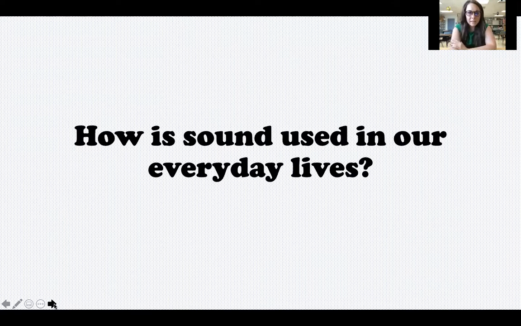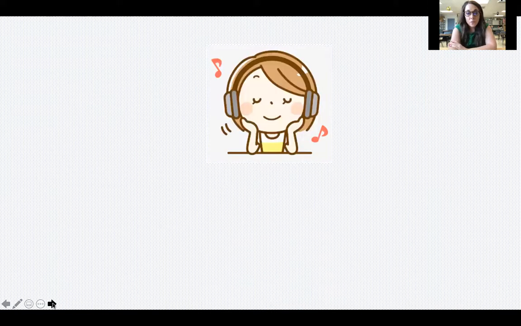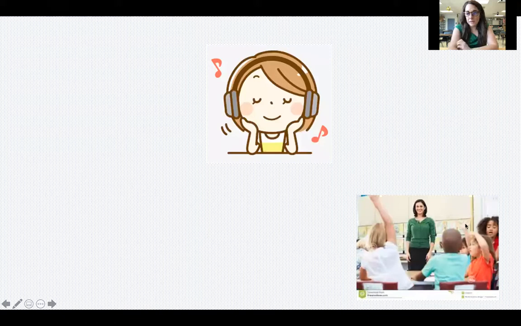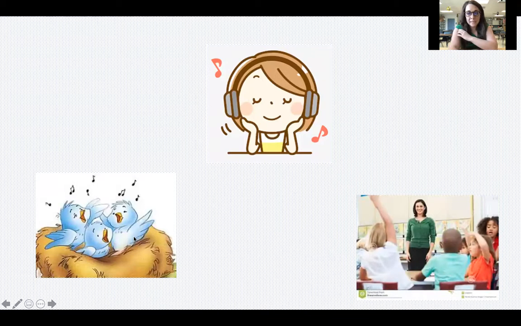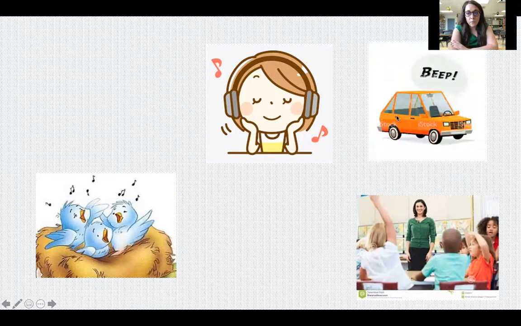Here are some things I came up with. These are certainly not all, these are just some. We use sound when we listen to music. We are using sound energy. When we are listening to our teacher talk in class, we're using sound energy. When we hear birds singing. When we hear a car beep its horn.